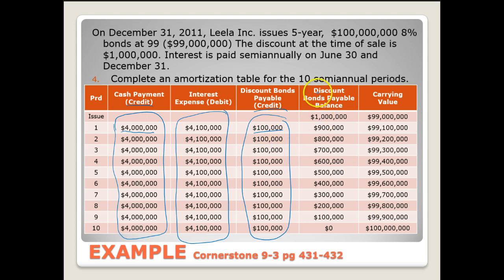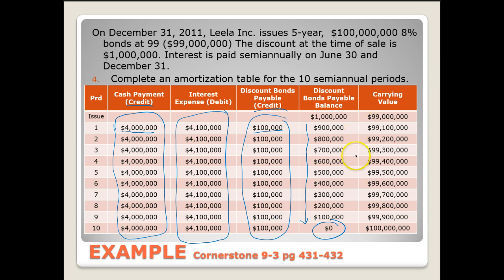Every time I book a credit to discount on bonds payable for $100,000, the balance on my bonds payable discount will decrease by $100,000 until eventually I have amortized the entire discount down to zero.